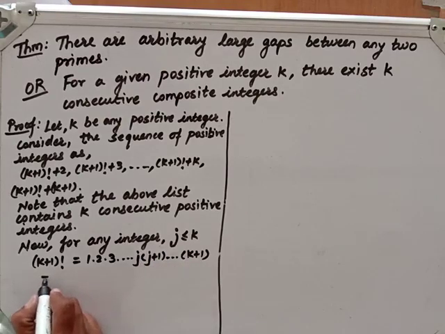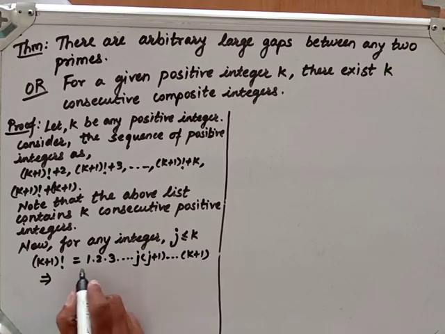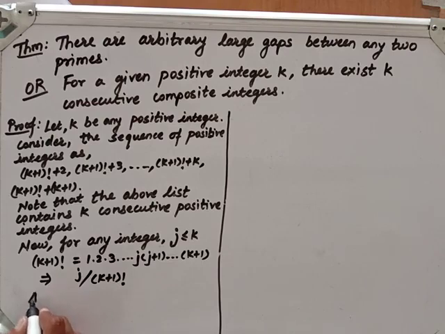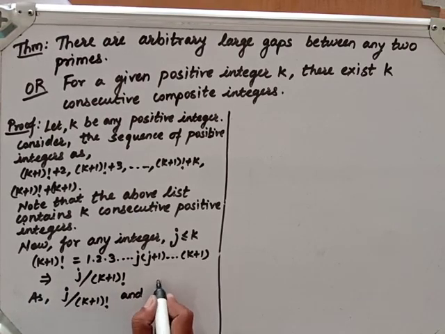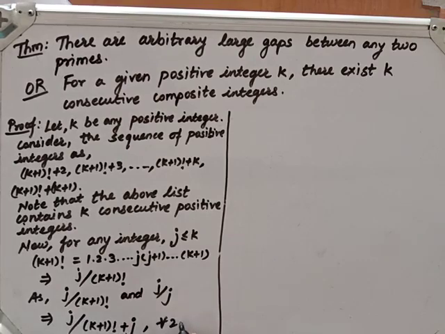So what does this say? This says j divides k plus 1 factorial. Now as we know, j divides k plus 1 factorial and every number divides itself, so j divides k plus 1 factorial plus j also, for all 2 less than or equal to j less than or equal to k.